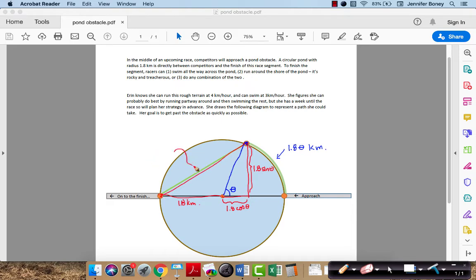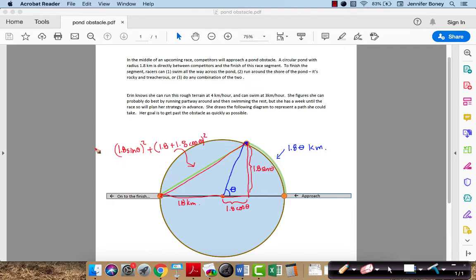So this length that she's going to swim would be, let's see, this is the easiest one to write, 1.8 sine of theta squared plus this other length would be 1.8 plus 1.8 cosine theta, squared. So that's the a squared plus b squared.